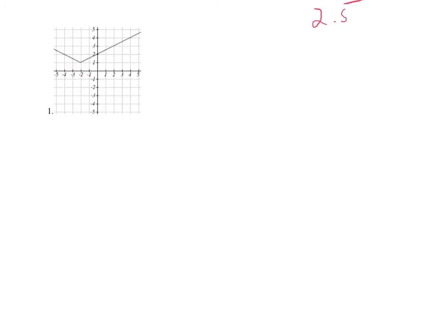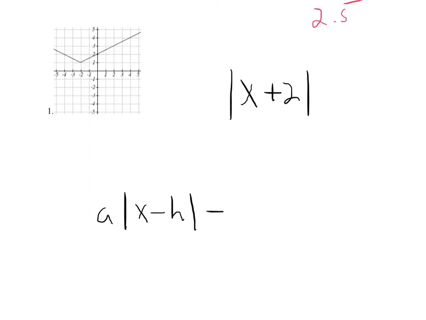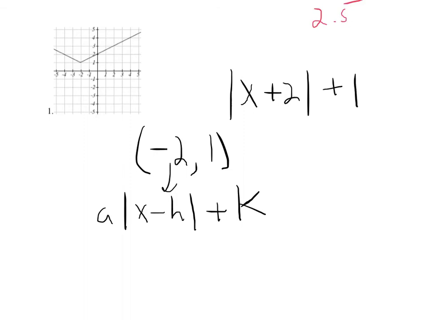So I'm going to write x plus 2, because you have to remember this is a times the absolute value of x minus h, plus k. If I've got a vertex of -2, 1, that negative turns to positive. That's why I said if it goes left, it's plus inside. And this graph is shifted up 1, so I'm going to put the 1 as k.